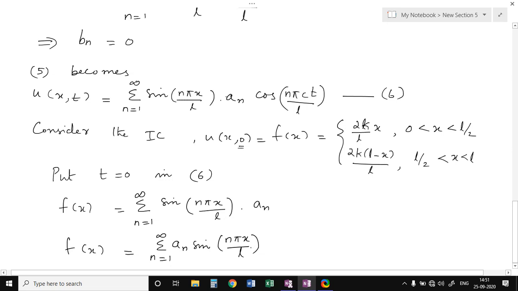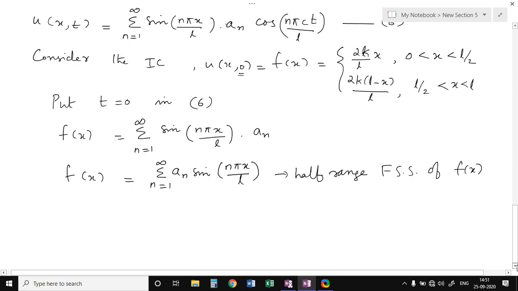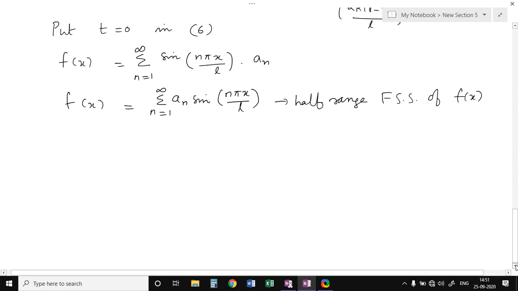And now we know that this takes the form of a half range Fourier sine series of f(x). Therefore we can find out Fourier coefficient an here. The formula for calculating the Fourier coefficient in half range Fourier sine series is an equals 2/L integral from 0 to L f(x) sin(nπx/L) dx.